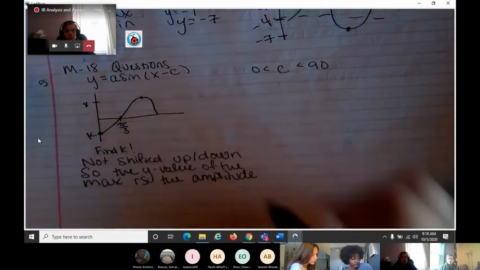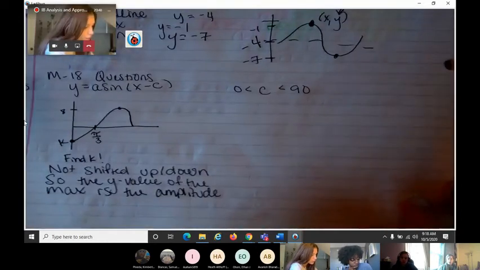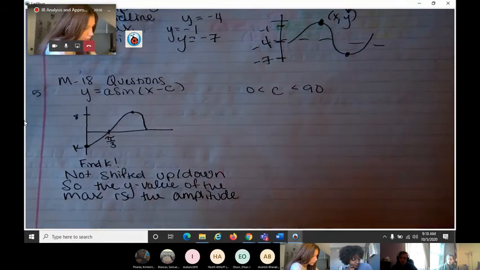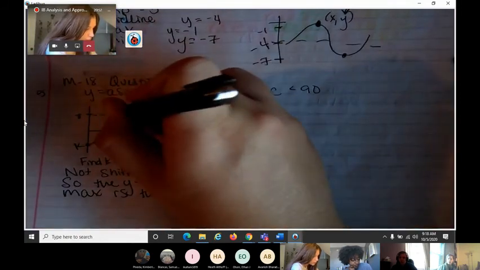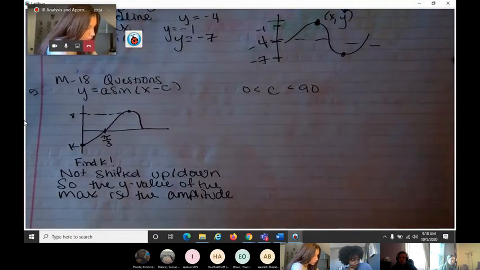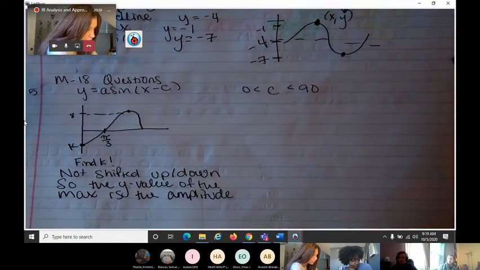What questions do you guys have about that conclusion? They give us the y value of the max here. I did not draw it perfectly, but it does give us the amplitude value.